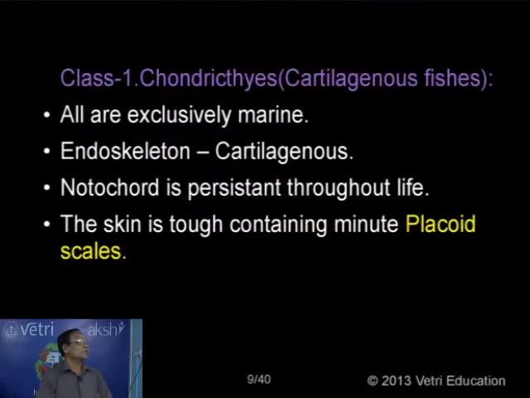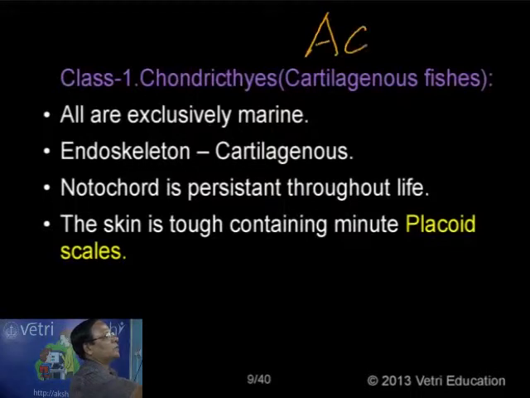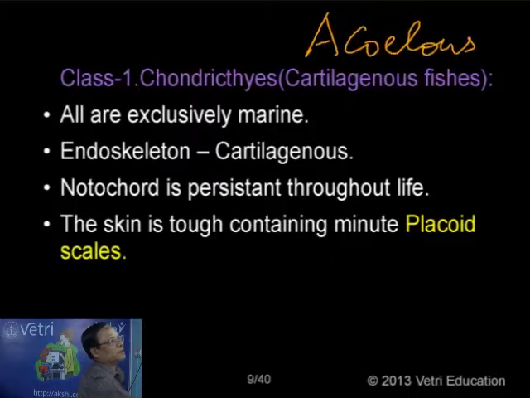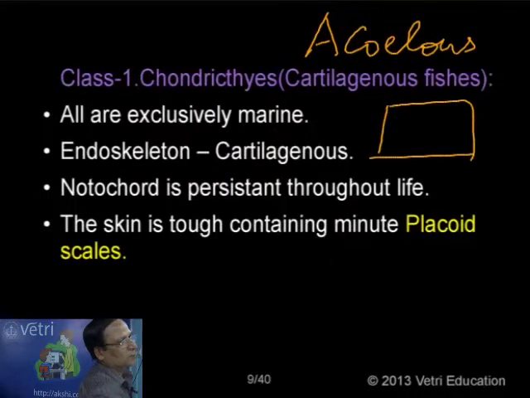Now, under the superclass Pisces, we have class number 1, Chondrichthyes, the cartilaginous fishes. No exceptions here, all are exclusively marine. Human vertebrae belong to acoelous type.